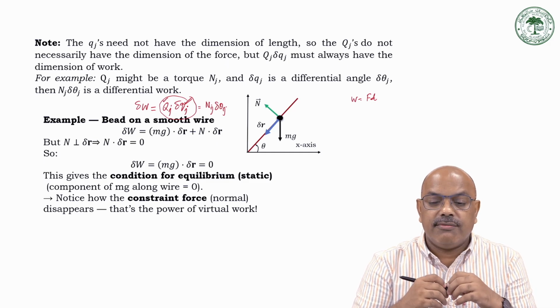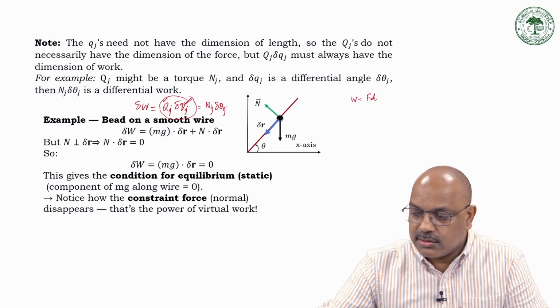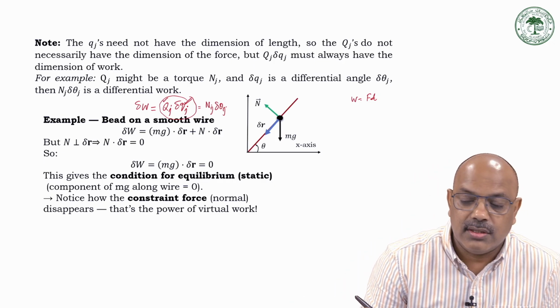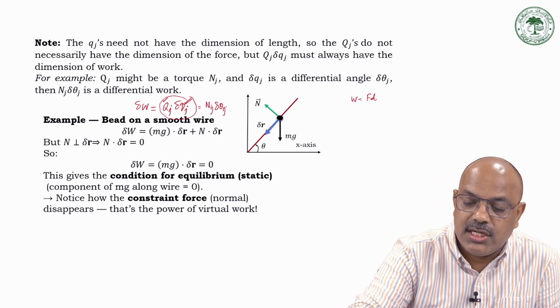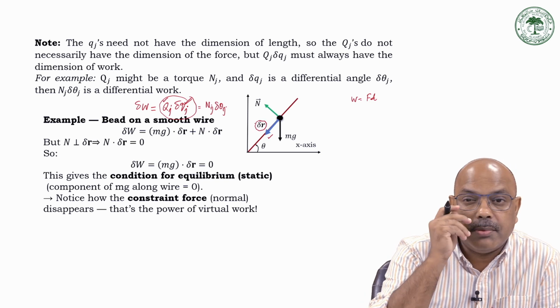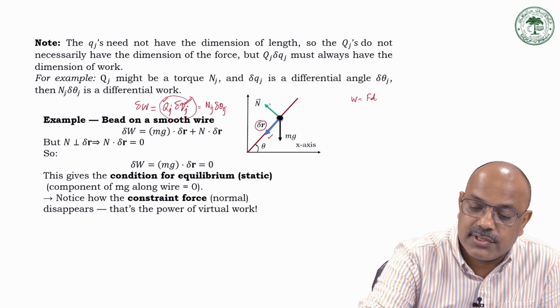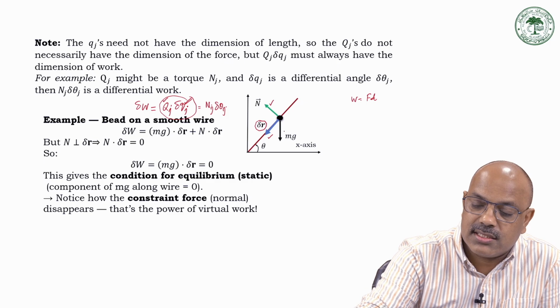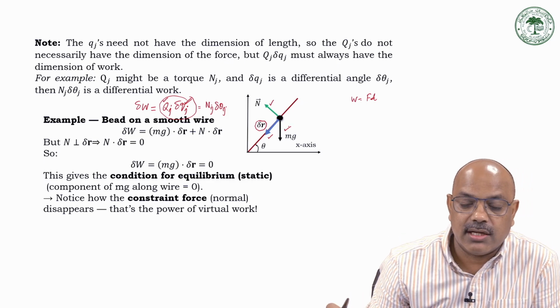Now let's move to an example based on a bead. If this bead is moving down with delta r, my virtual displacement, there is a constraint force N, and the other force, mg, is acting on the system.